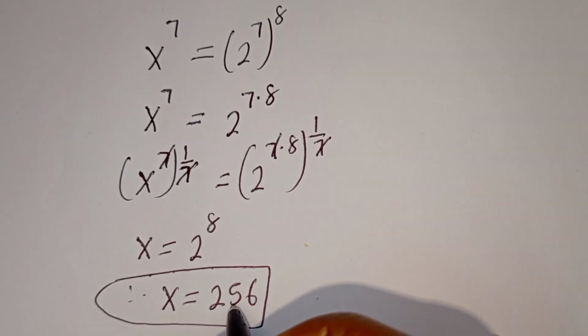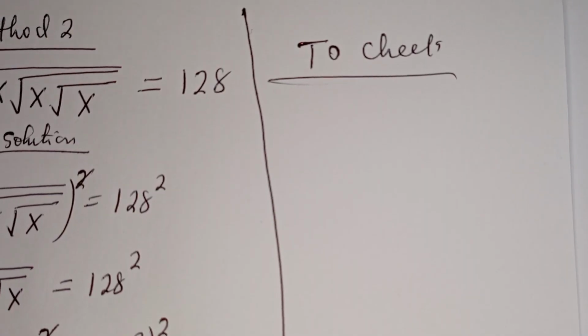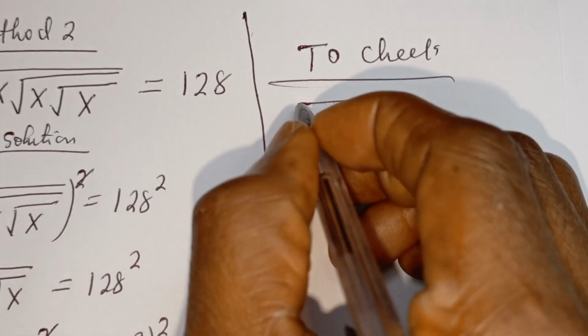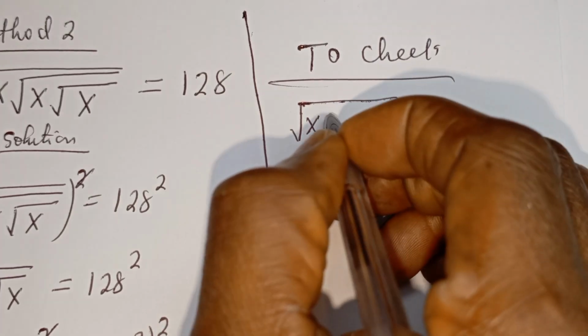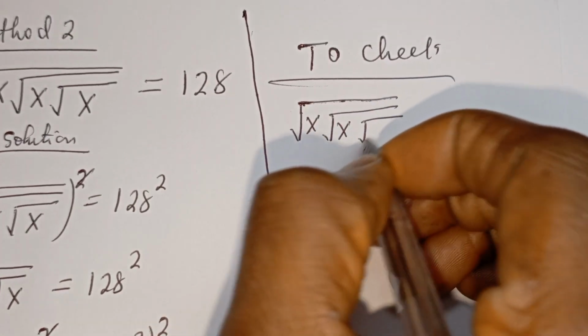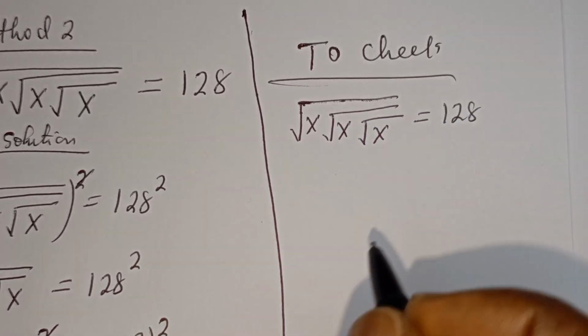We can check to confirm if this answer is right or wrong. Let's check. To check, we have the given equation, square root of s, square root of x, square root of s is equal to 128.